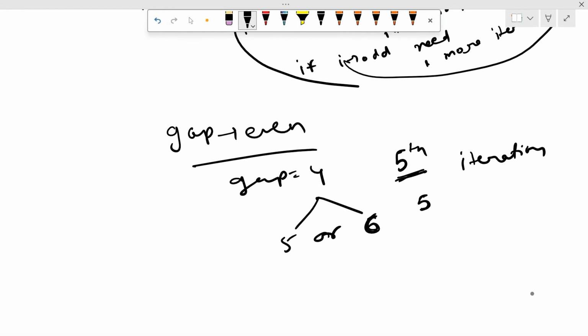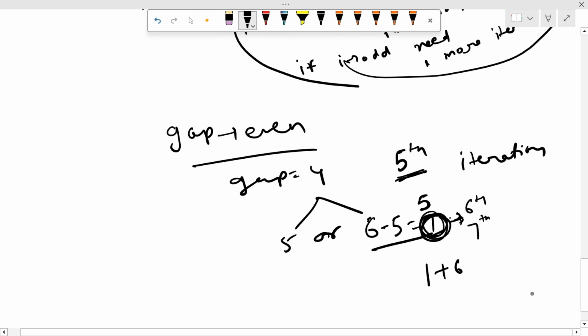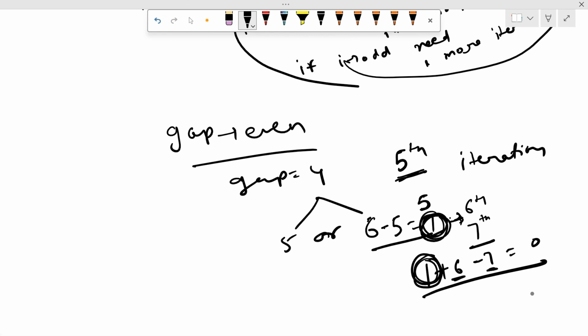If we are in the fifth iteration, we can reduce this 6 by 5, which is 1. What we can do with this 1 in the sixth and seventh iteration, we can make it 0, because in the sixth iteration we can add 6 to 1, and in the seventh iteration we can subtract 7, so it becomes 0. We talk about gap, not A or B. Okay, so don't confuse that we add 6 or we subtract 7. We can plus gap or we can minus.